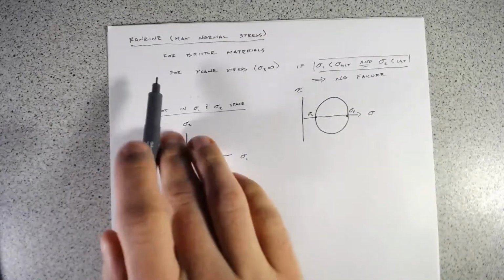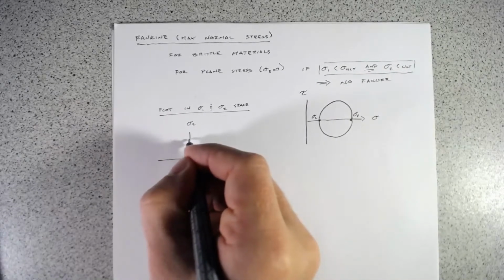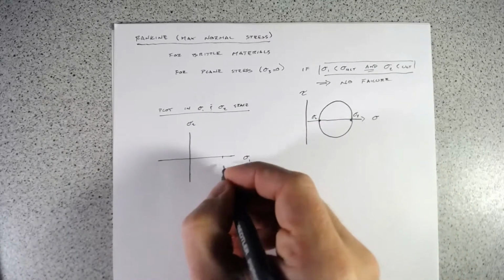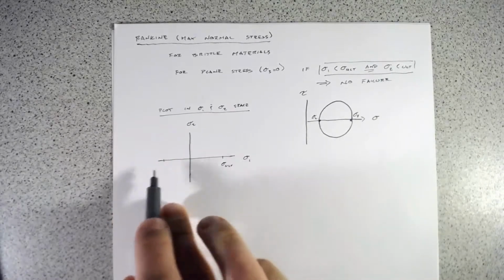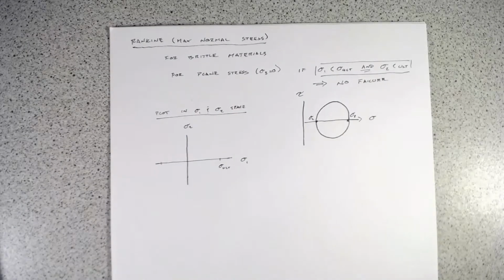For our criterion, if sigma 1 is less than the ultimate, and that could be either positive or negative, because materials can fail in either tension or compression.